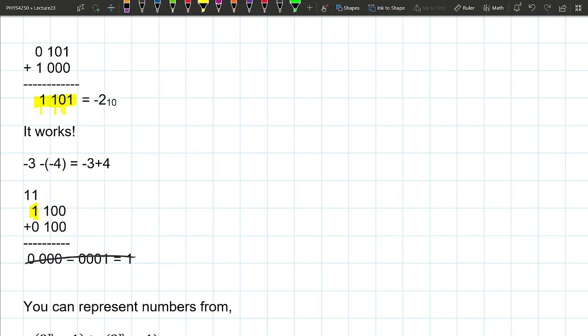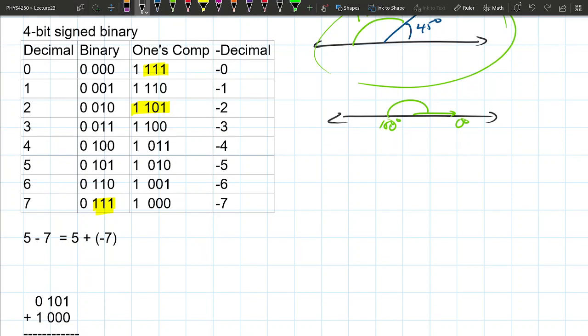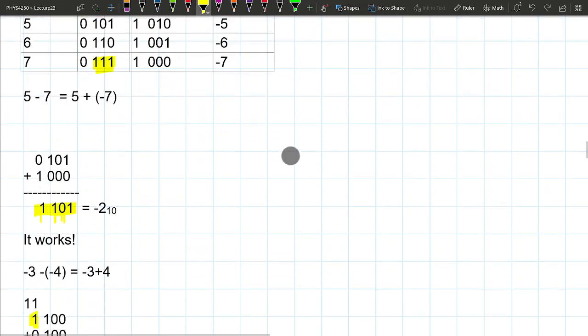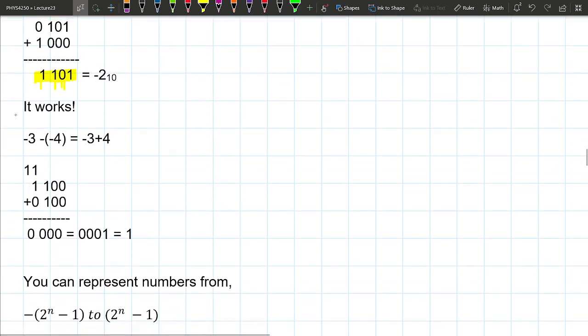Oh no, it is right, because I was counting the wrong way. -3 is right. You have to do 3, then flip all the bits. -3 is 1, 1, 0, 0. Let me just do this once because I forgot it too. The way you figure out -3 is you figure out what 3 is first, in positive: 1, 1.